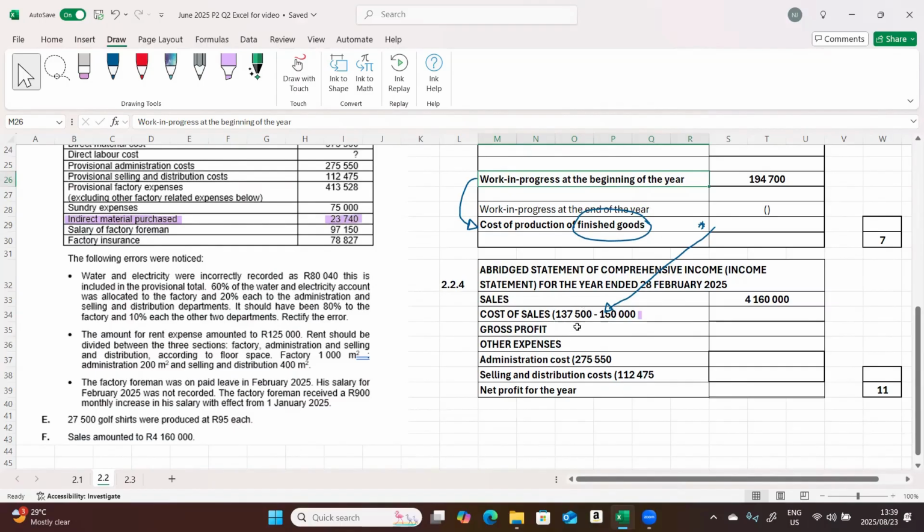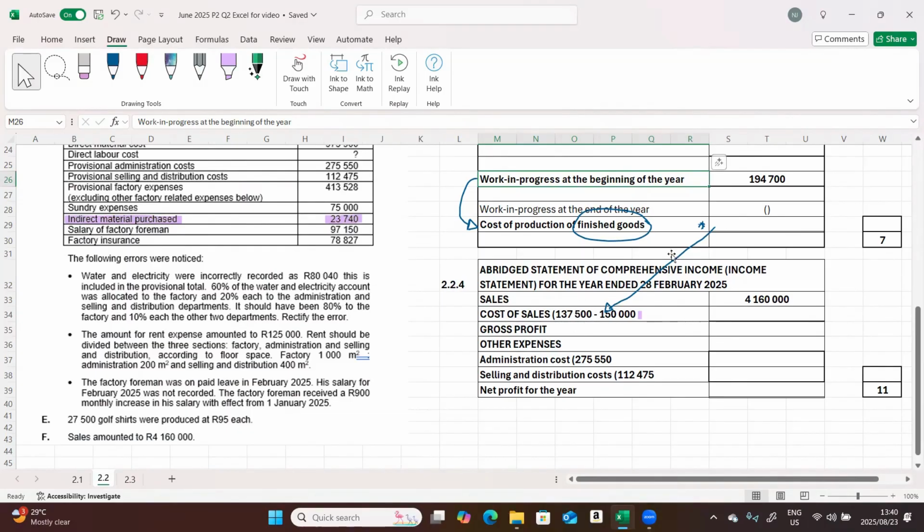So the opening balance plus what we completed during the current financial year, that will give me my total golf shirts that we have had in stock during the current financial year, to sell, obviously. And then of this total, this 137,500 plus this total finished goods gives me my total golf shirts that we can sell.